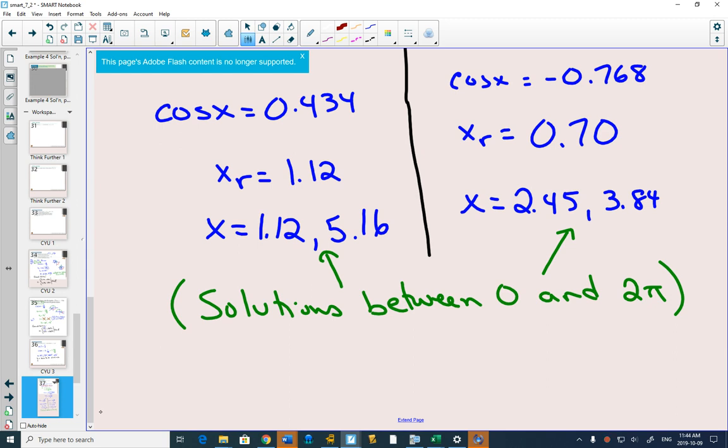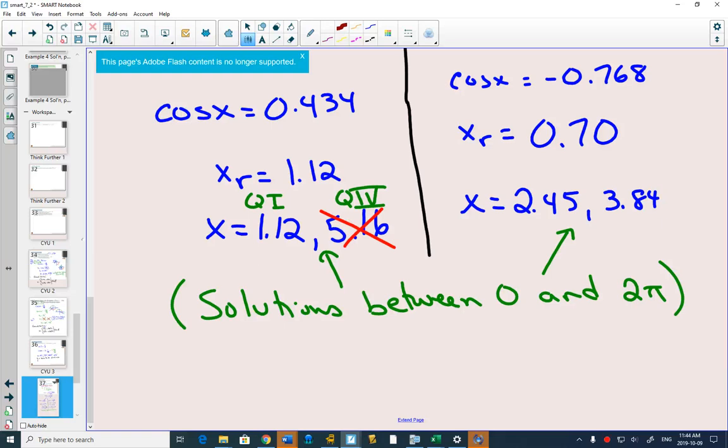So we have to think back. What did we have here? We had quadrant 1 and quadrant 4. Do you see that our quadrant 4 has to be taken out?